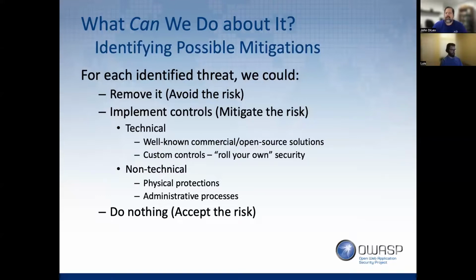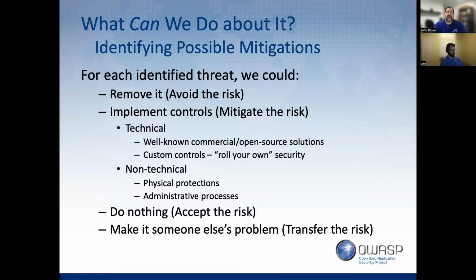You could choose to do nothing because you consider the level of risk acceptable. Fine, document that. You can make it somebody else's problem in limited cases by transferring the risk. In particular, if you're developing software which you're going to sell to a customer, the customer is then going to install that software and deliver it to users.